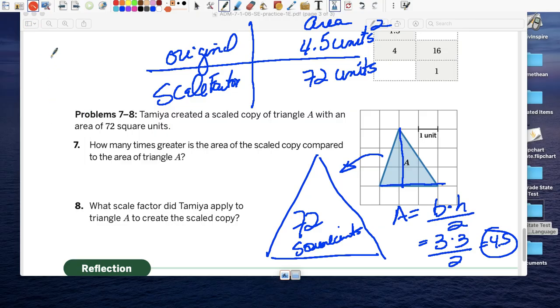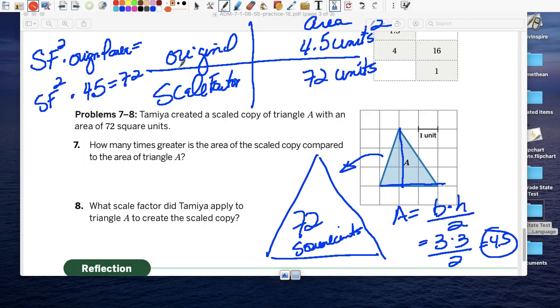Remember, it's scale factor to the second power times the original area gave us the area of the new shape. So the original area here was 4.5. And the new area is 72. And then scale factor to the second power.